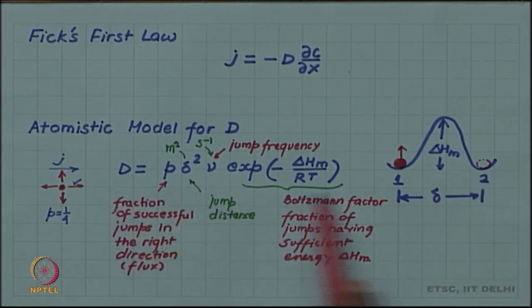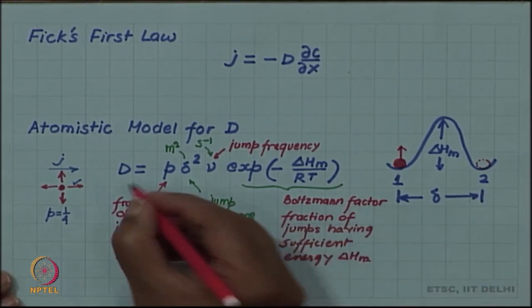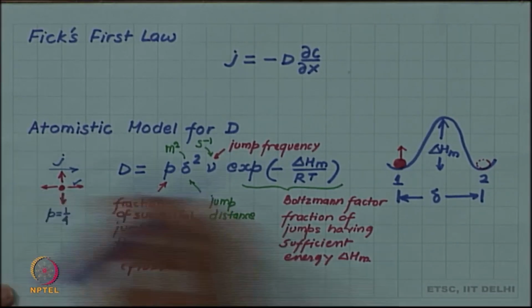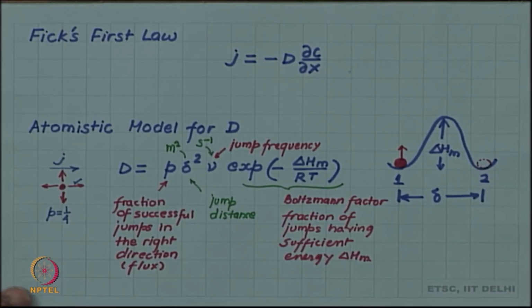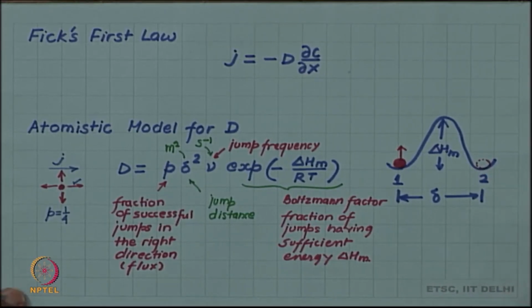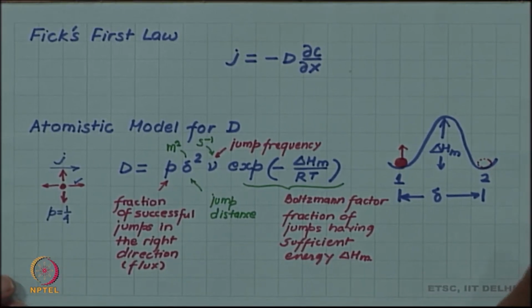So, in this model we have tacitly assumed that the next site is vacant. We saw that this assumption is more or less true for interstitial diffusion, because we took one example of carbon, and we saw that even with the maximum amount of carbon in austenite, the fraction of vacant sites is 90%.